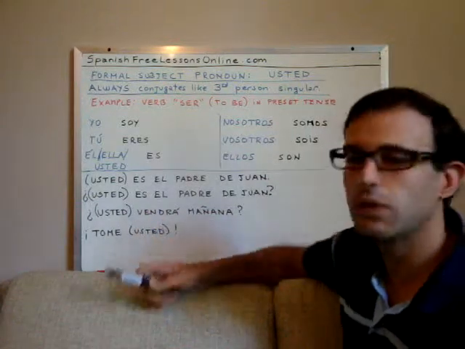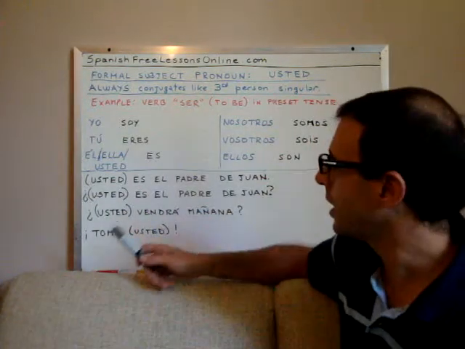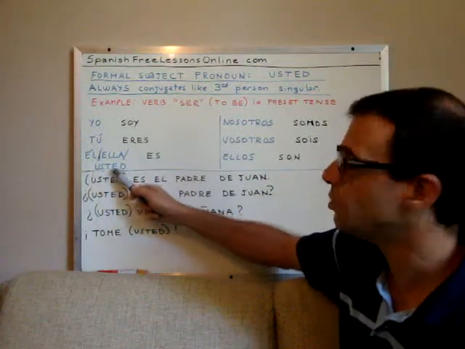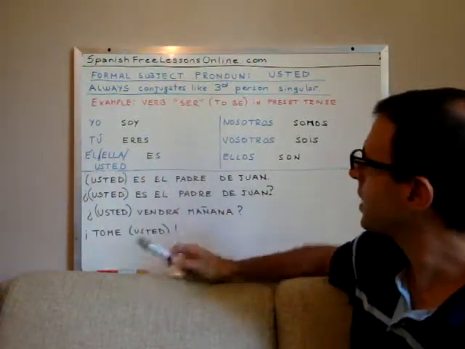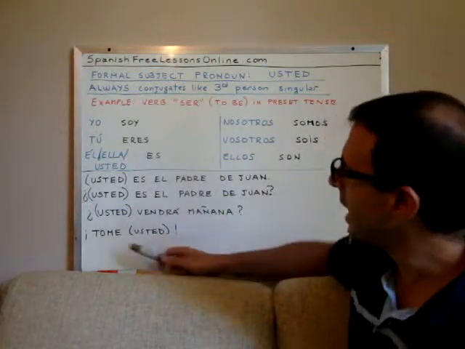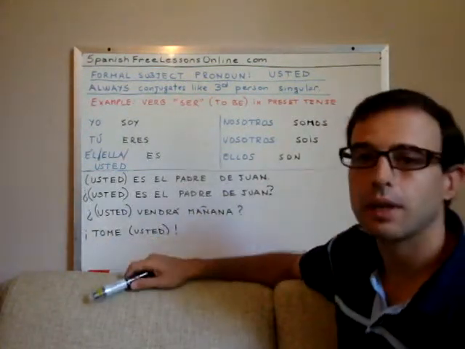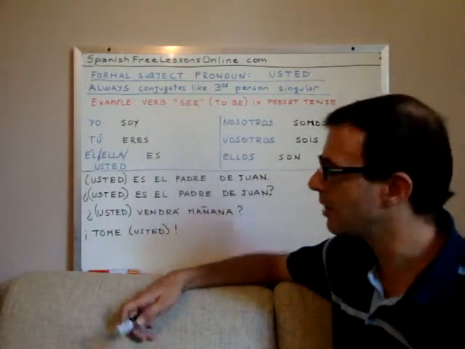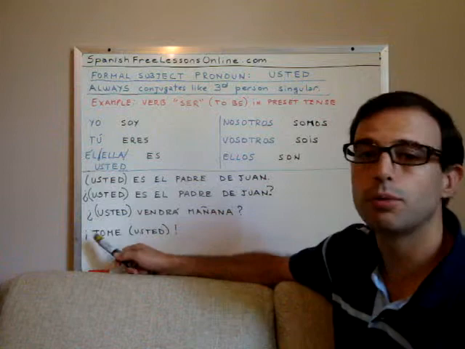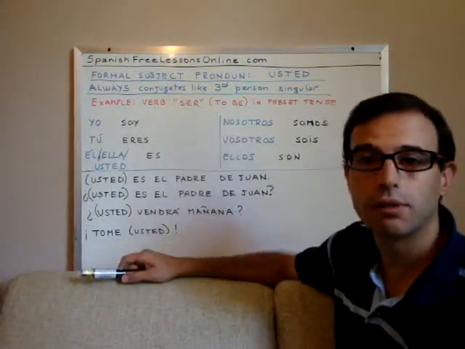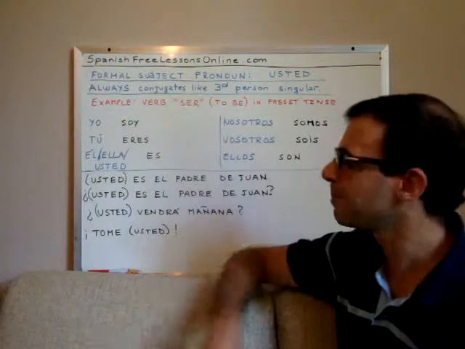So vendrá means he, she, you formal will come, right? Mañana means tomorrow, and tome is the imperative form of the verb tomar, to take. So tome is imperative, it means take.